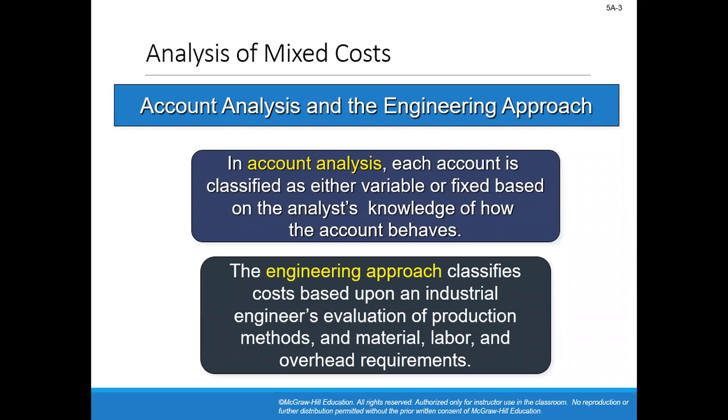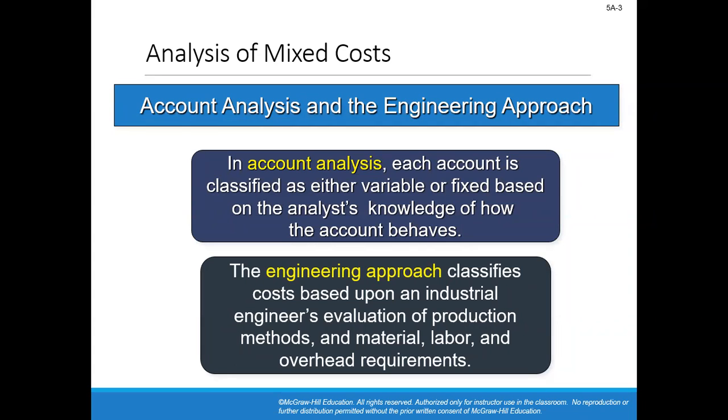So if it is a direct labor cost account, the accountant will classify it as variable. And if it is factory rent, the factory rent account will be regarded as a fixed cost component by the accountants.